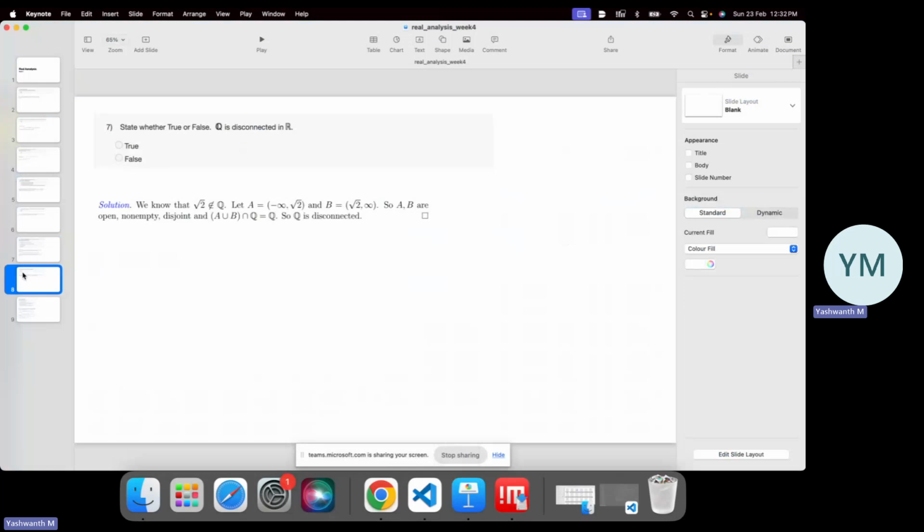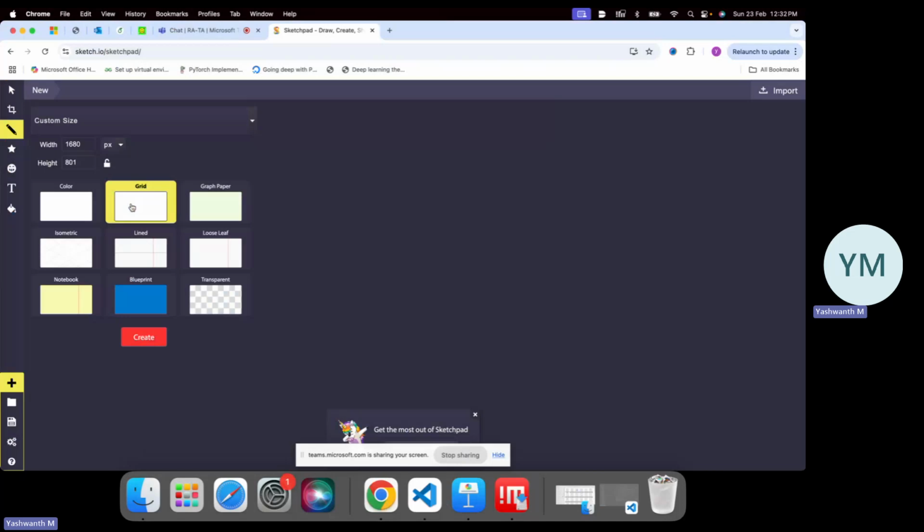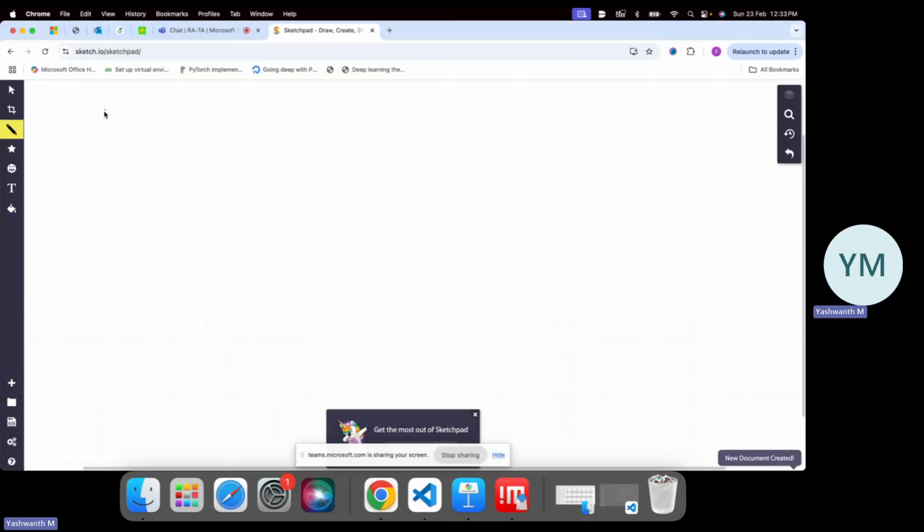State the following: is Q disconnected in R? We can show quickly using connected sets.